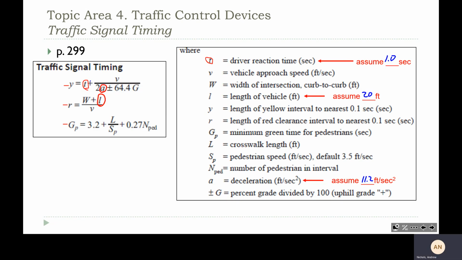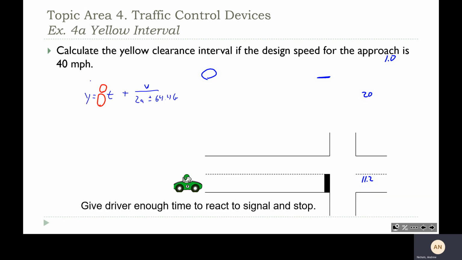So lowercase v, the units, as opposed to what we've been doing so far, which is all uppercase V in miles per hour, lowercase v means that we need the speed in feet per second. T, that reaction time we just talked about, was 1.0, unless they tell you something different to use.